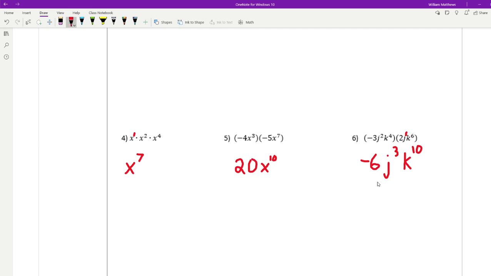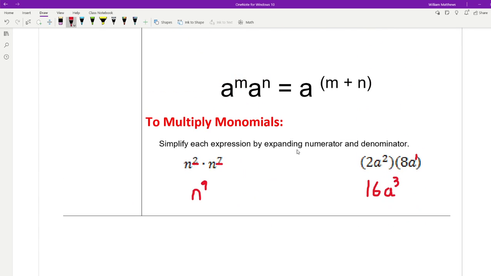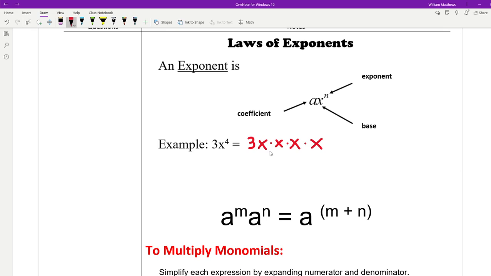Now remember, when we are multiplying, we have one monomial. We can combine like bases by adding the exponents together. Going back up here where I wrote out x times itself 4 times, that'd be 1 plus 1 plus 1 plus 1, which gives me the original of x to the power of 4.